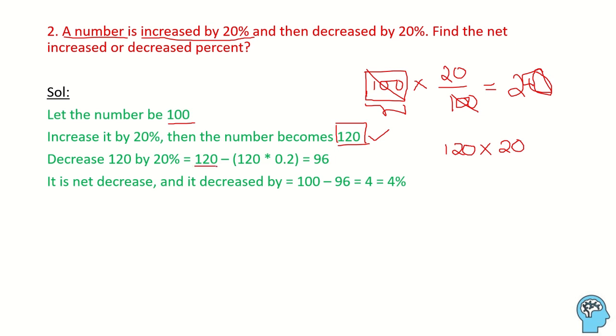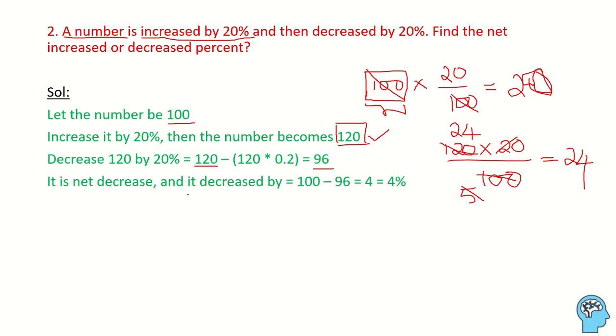So decrease 120 by 20% of 120. This will cancel out and become 5, and this will cancel out and become 24. So 120 minus 24 will be 96.